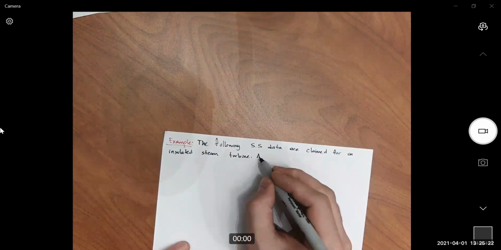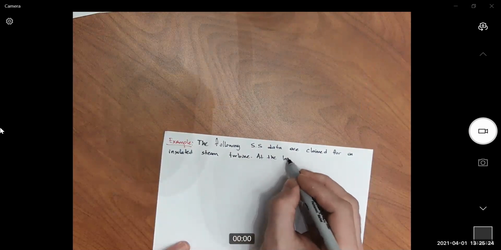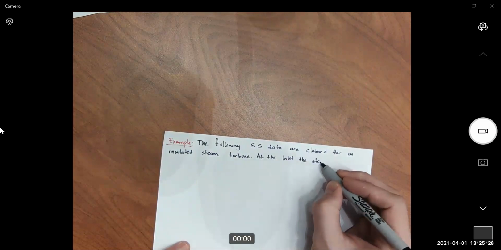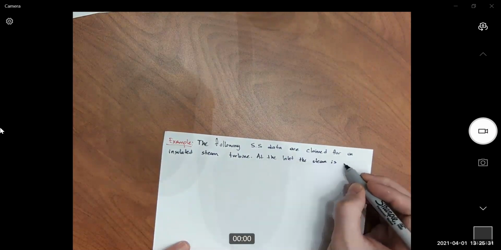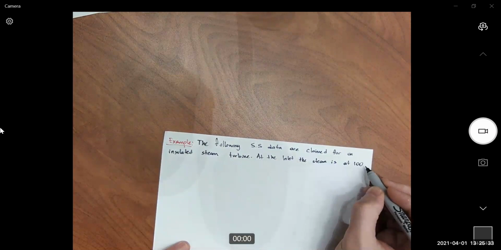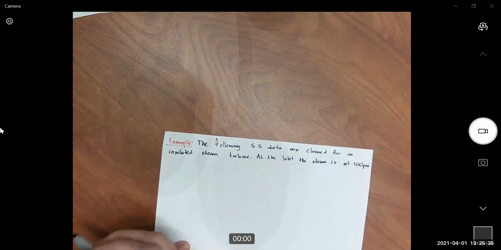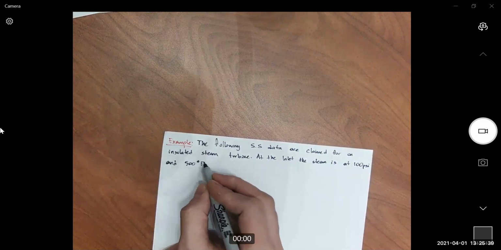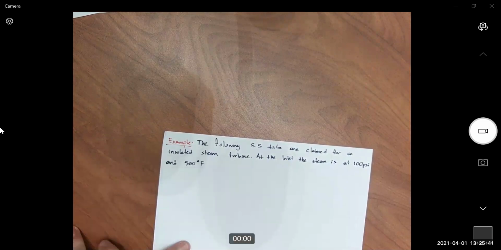At the inlet, the steam is at 100 psi and 500 degrees Fahrenheit.